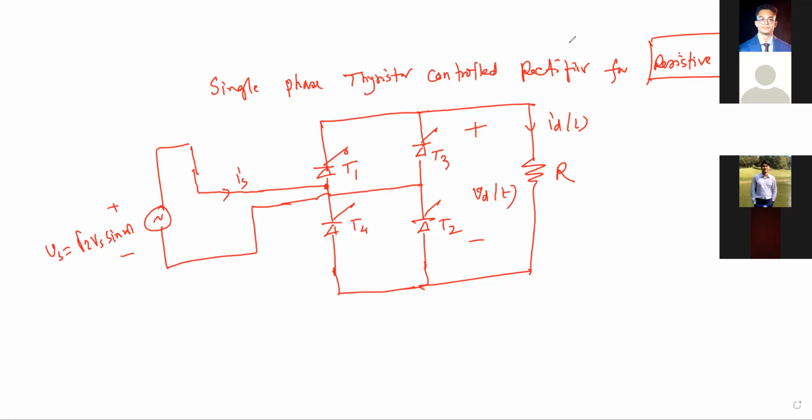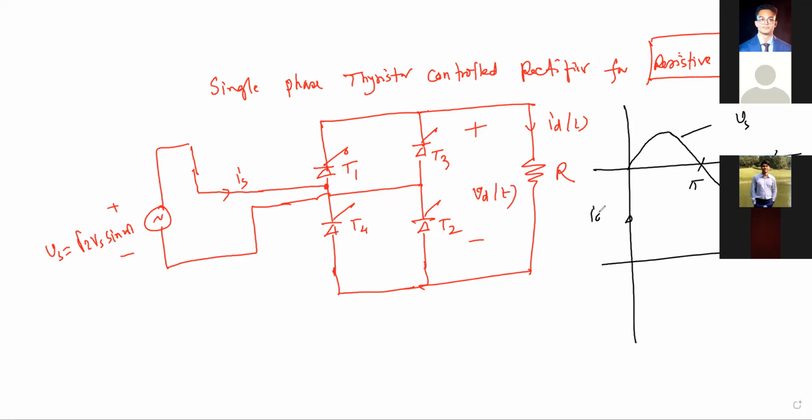So now, this will be your input sinusoidal voltage, the source voltage actually, and we shall have to apply IG1 and IG2. That means this is your IG1, this will be your IG2, this will be your IG3 from the gate, and this will be your IG4.